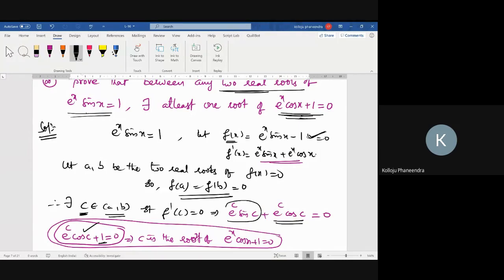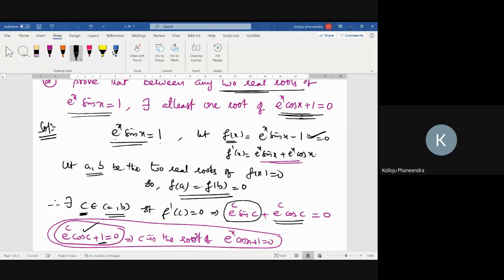Is this value 1? Is e power c sin c equal to 1? We have e power x sin x equal to 1, and a, b are the roots.